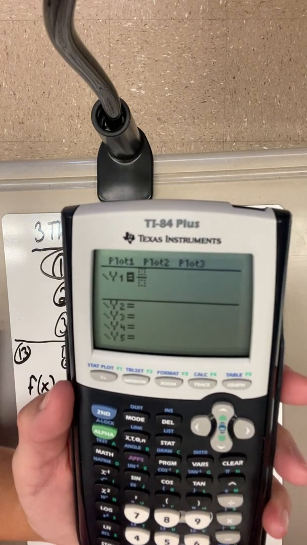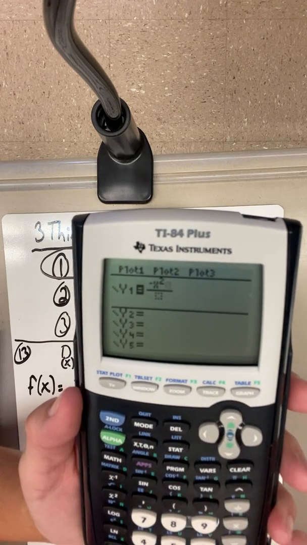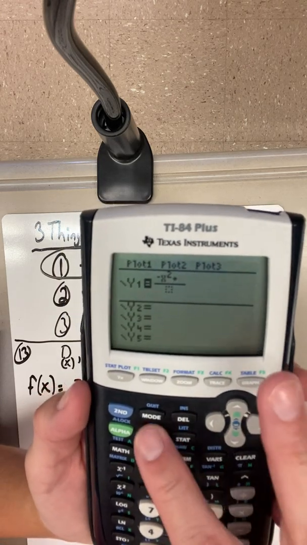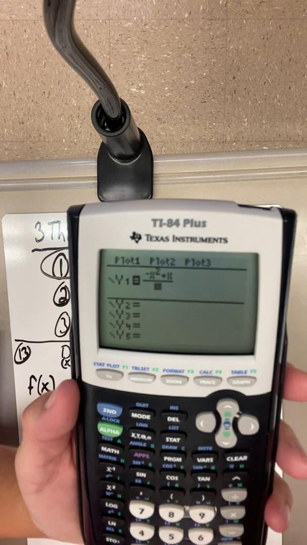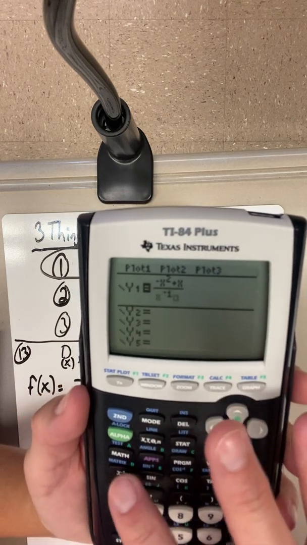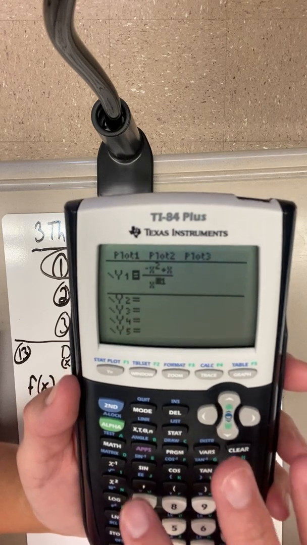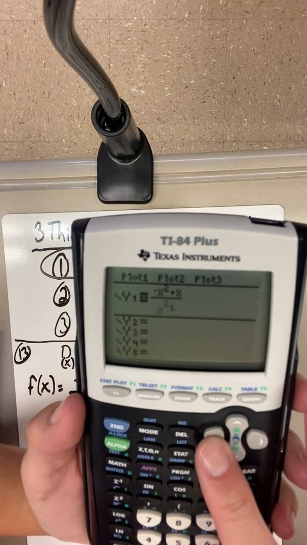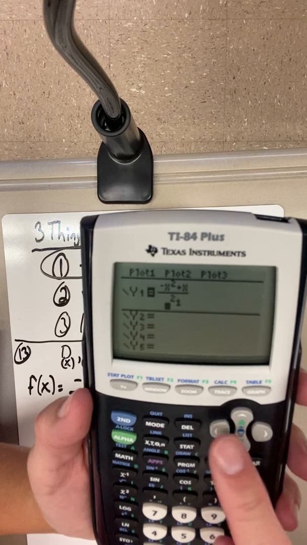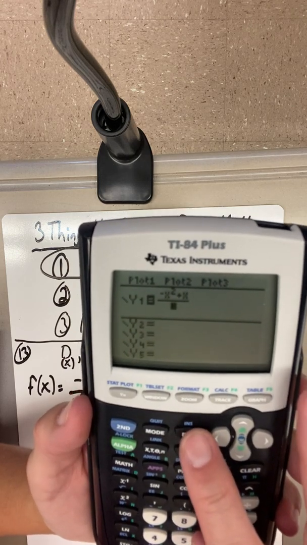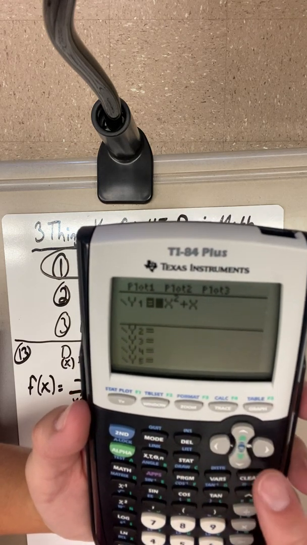And I'm going to type in my numerator, -x² plus x. My denominator is x². Whoops. It's hard to do this holding this up under the camera. Let me just start over. I apologize.